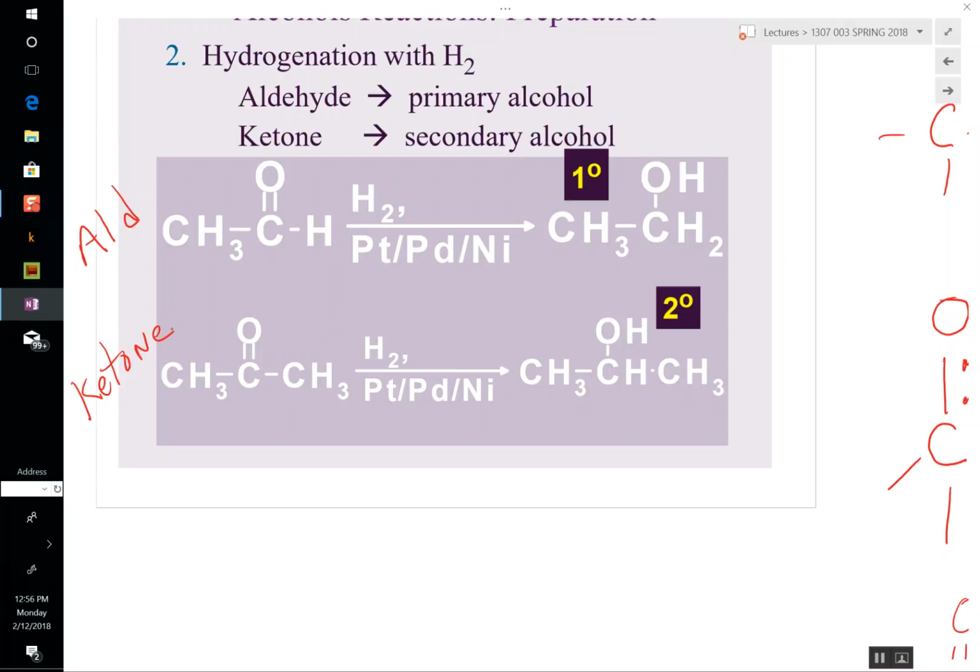Keep that in mind, because I have students draw me molecules and they give me an alcohol, but they moved the oxygen. It's not where it started out. All right, so it's the wrong molecule. Keep the oxygen right where it started out, and so the OH ends up on the end, which means it's a primary alcohol.